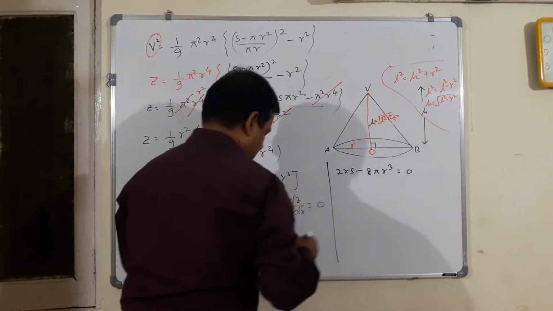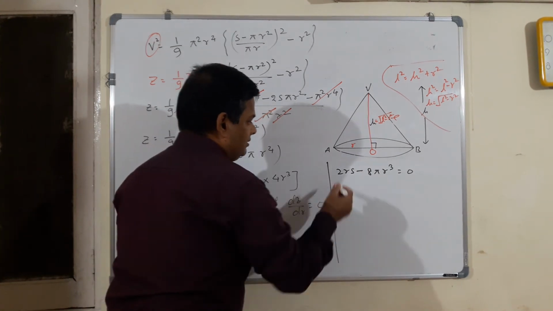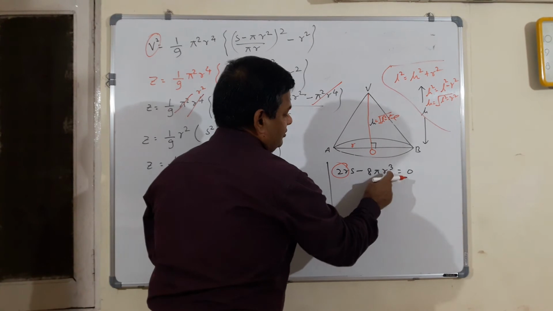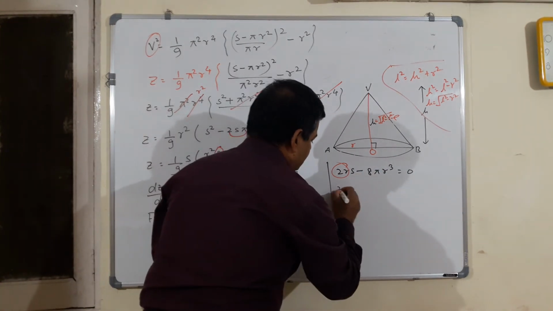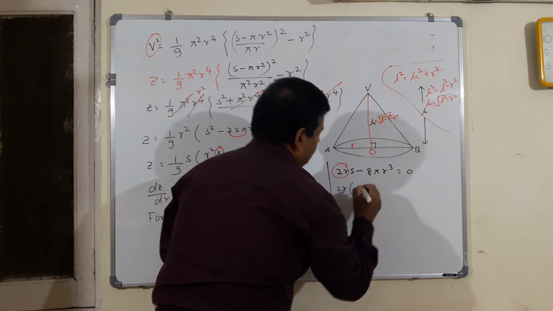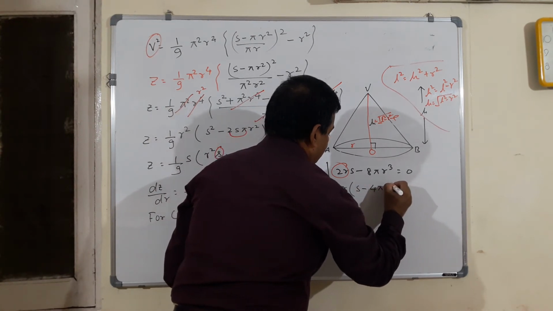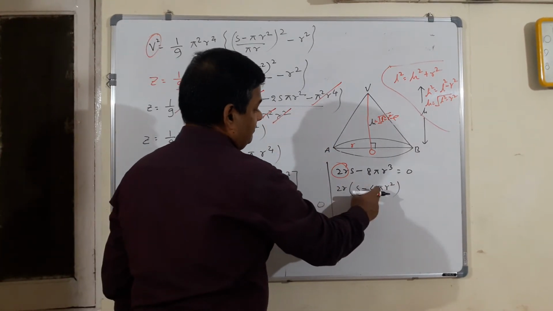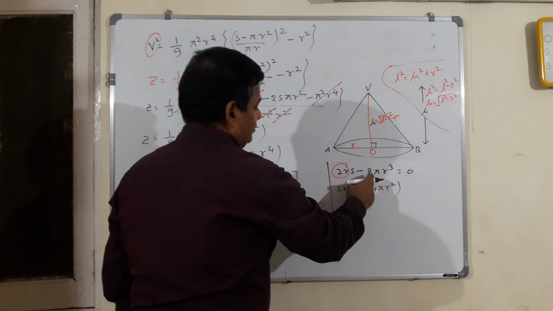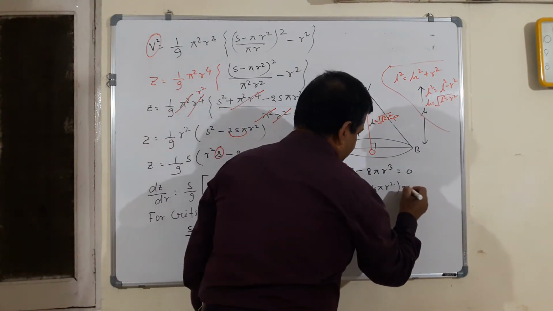So here 2r is common, and from here also 2r is taken out. So here becomes s. Here becomes 4 pi r square, because 2r multiply 4 pi r square is 8 pi r cube. 2r is taken out, equal to 0.